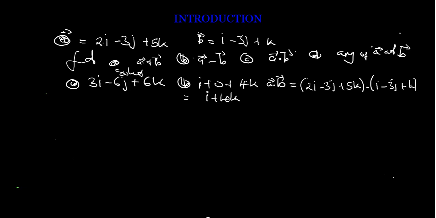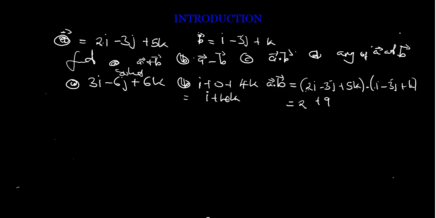So what you do is you multiply this times that, but for units you just forget, because this is a dot product. A dot product will result in a number, not another vector. So say this times this, that's 1, so you get 2, right? Then plus negative 3 times negative 3, that's 9, right?